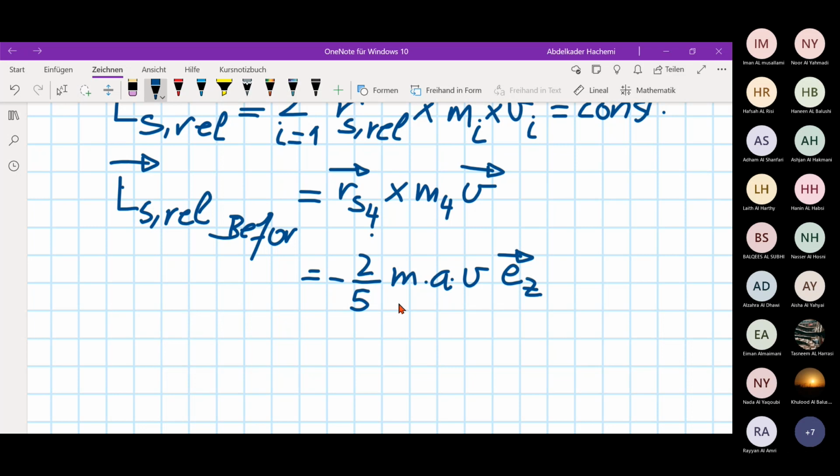Now, if we take the L, the momentum of the momentum here, Ls relative, and this is after the impact.